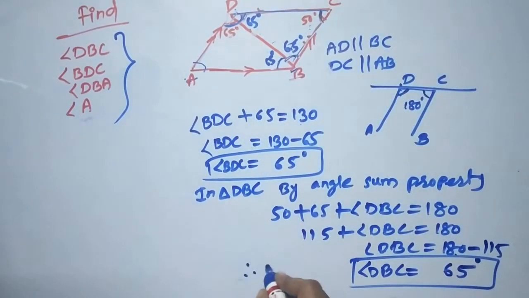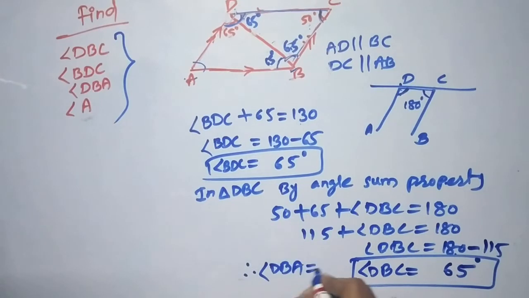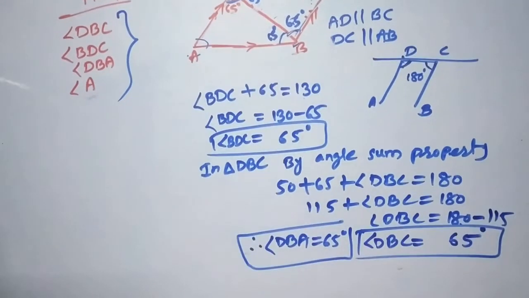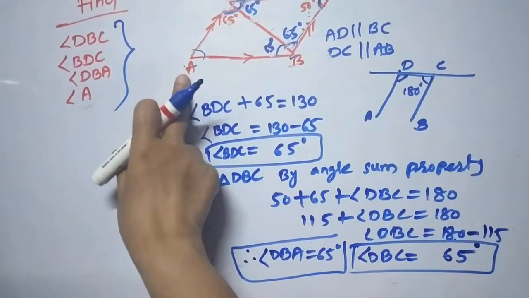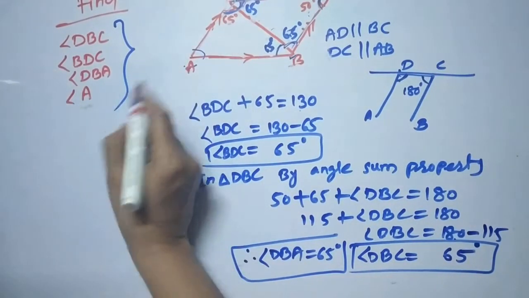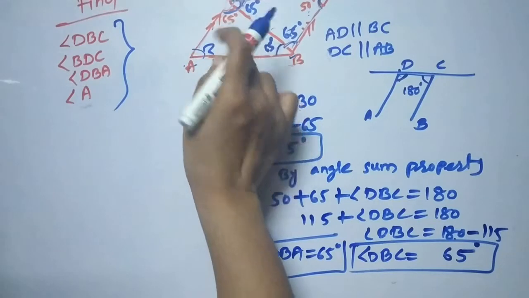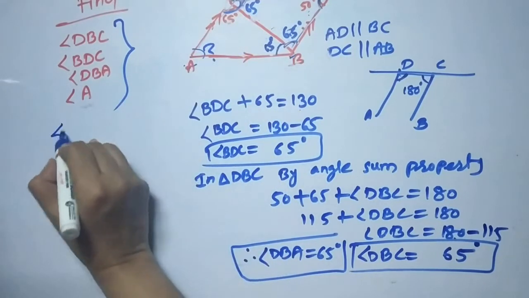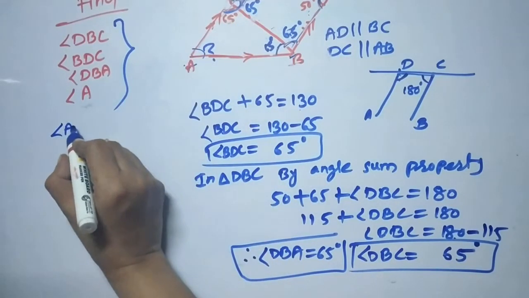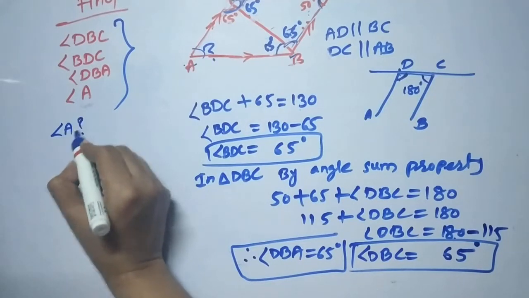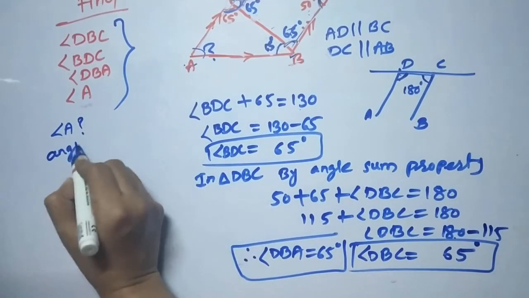So therefore I can write angle DBA is also equal to 65 degrees. At last we need to find this angle A. So you notice here this triangle, by using the angle sum property, angle A we can find out.